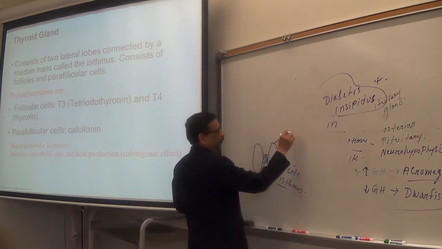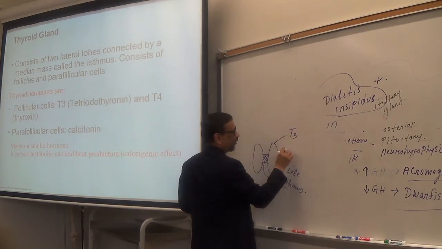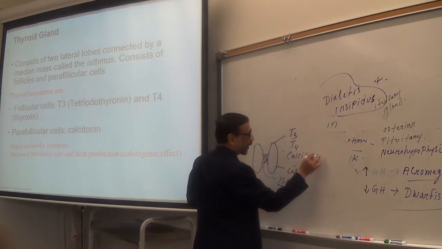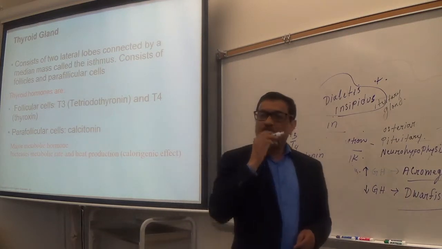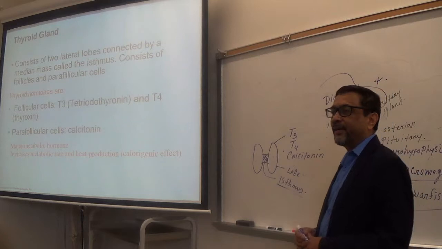Now, the thyroid gland produces three hormones: T3, T4, and calcitonin. So these are three hormones produced by the thyroid gland: T3, T4, and calcitonin.